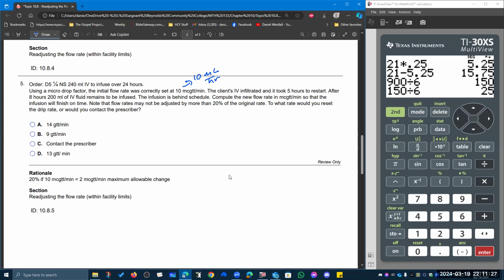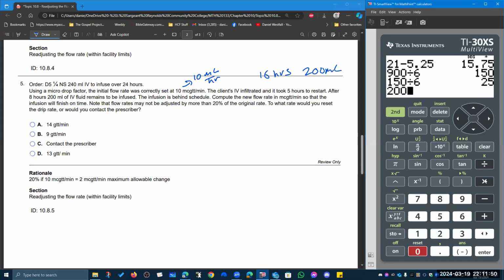After 8 hours, 200 milliliters remain to be infused. The infusion is behind schedule, so we still have 16 hours remaining, and 200 milliliters to infuse. 200 divided by 16 is 12.5 milliliters per hour.